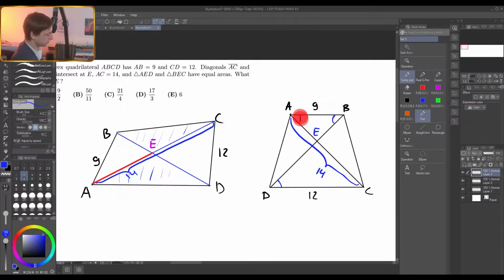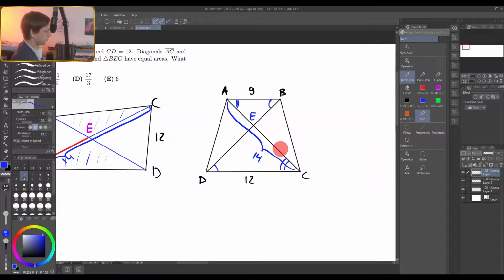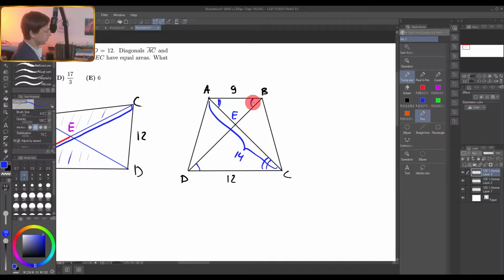Let's mark equal angles, and we will write from their similarity that AE, opposite to this angle, divided by EC, opposite to the same angle in the other triangle, AE over EC, equals AB, which is 9, opposite to this angle, over 12 opposite to the same angle in the other triangle. 9 over 12, which we can reduce by dividing both by 3, and it will be 3 over 4. Perfect. So AE is 3x, and EC is 4x.